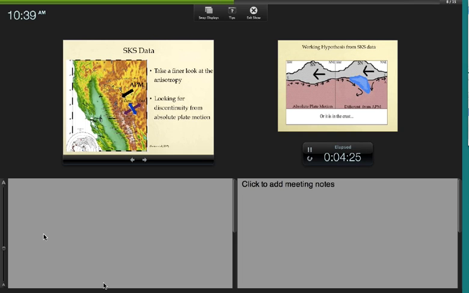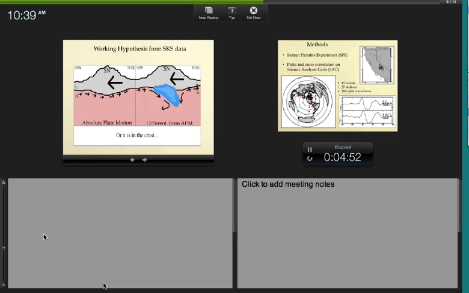Okay, so from the previous SKS data, the observation was that it corresponded to absolute plate motion, and it did give us the S fast and S slow. What we were really looking for in this study was a discontinuity in anisotropy from absolute plate motion. To illustrate this, here are some cartoons.